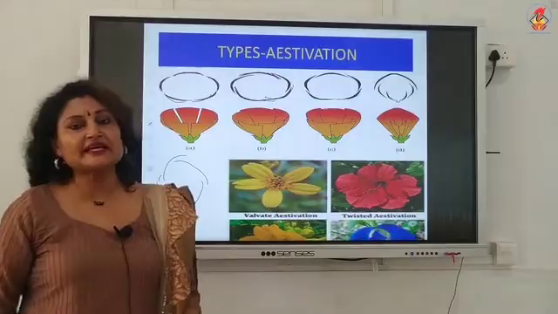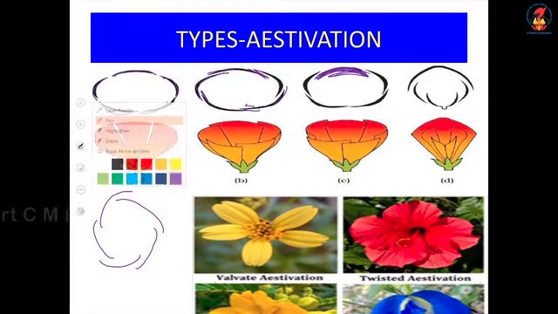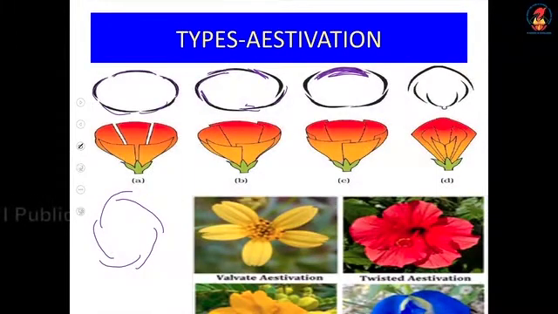Next aestivation is imbricate aestivation. In imbricate aestivation, you can see one member completely in. See, this is completely in. I am going to highlight with different colors. One is completely in and one member is completely out, while the others show twisted. Look at the others, if I give this blue color, the others are just twisted.